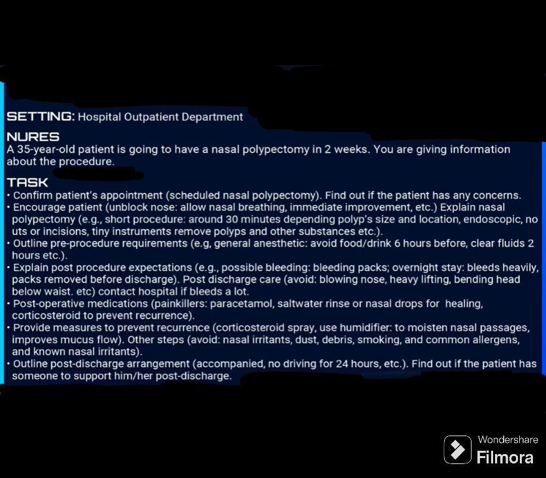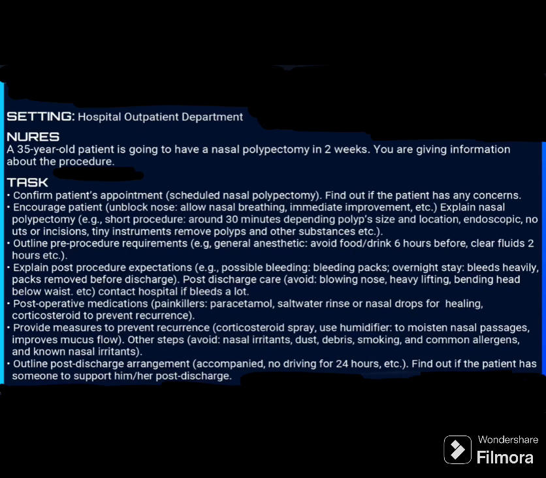Moreover, you can use the humidifier to moisten the nasal passages. It will improve the mucus flow as well. Some other steps are, please try to avoid nasal irritants like dust, debris, smoking, and some common allergens. It's known as nasal irritants. If you feel irritation with any of the factors, you can just try to avoid. Is it okay? Or how does that sound? Like that you can ask.